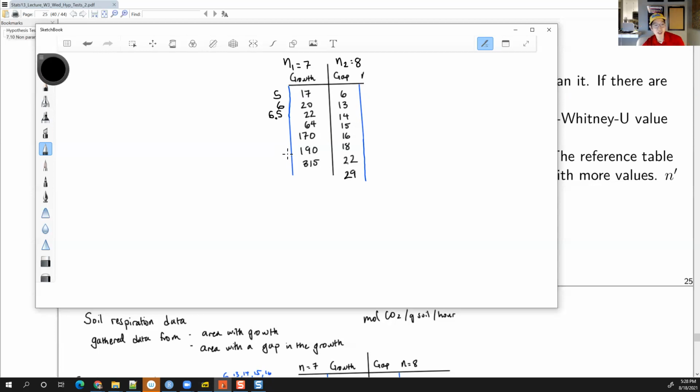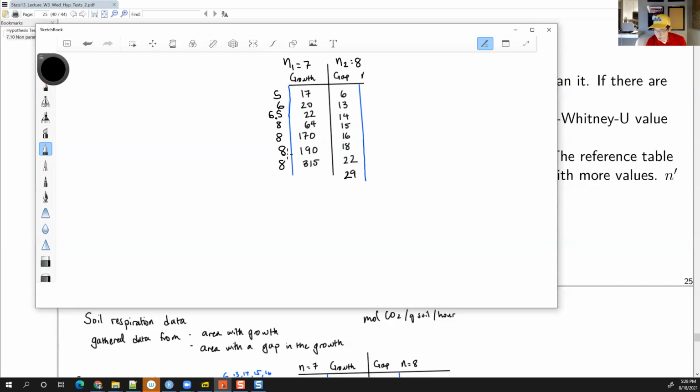Each tie is worth 0.5. Then we get to 64, and all 8 numbers in the other column are less than 64. For 170, all 8 numbers are less than 170. For 190, all 8 are less than 190, and for 315, all 8 numbers are less than 315.